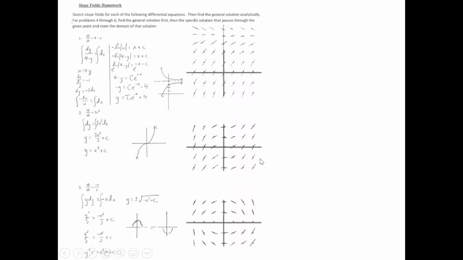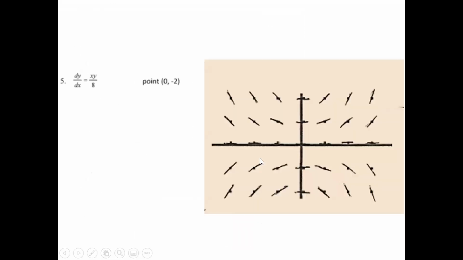Okay, so let's take a look at number 5. This has an x times y, but you can still divide it by the y.